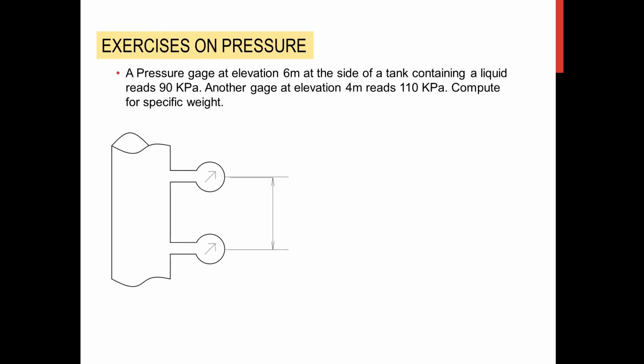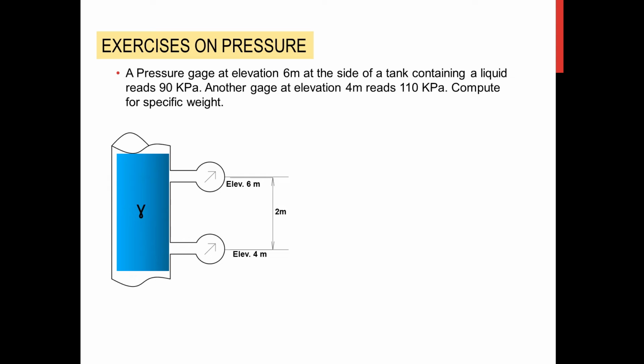Of course, we'll be having here a tank in terms of a conduit wherein there will be a liquid in it with the unknown gamma. Of course, at elevation 6 meters and 4 meters, there will be given readings of pressure. So, take note that with those elevations, we can derive the difference between them.